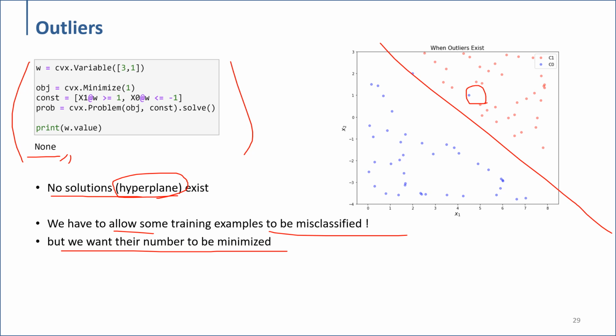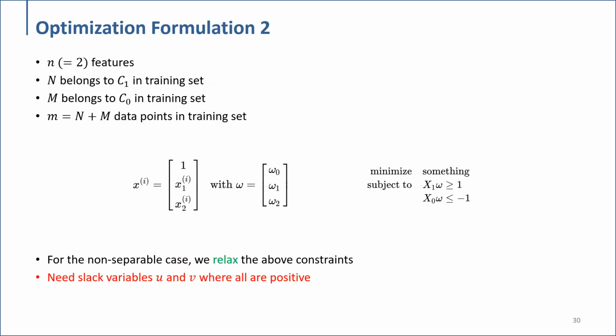We know that this line is the proper predicted one, but by using this we have many misclassified points. So our objective should be minimizing the misclassified points.